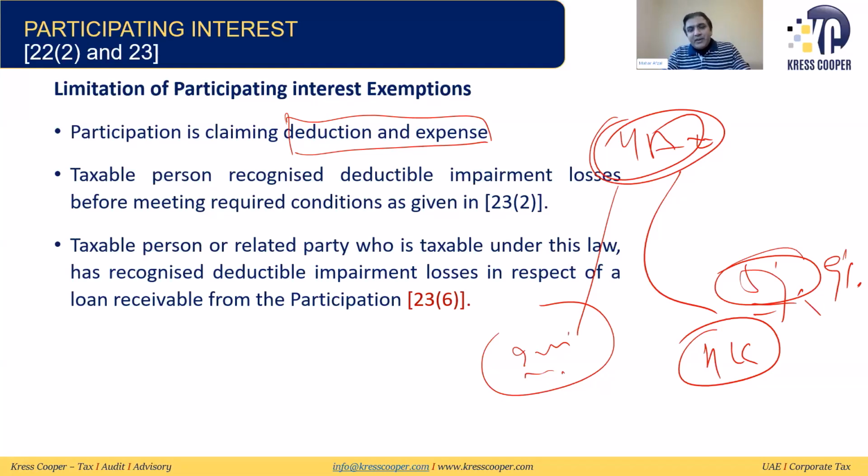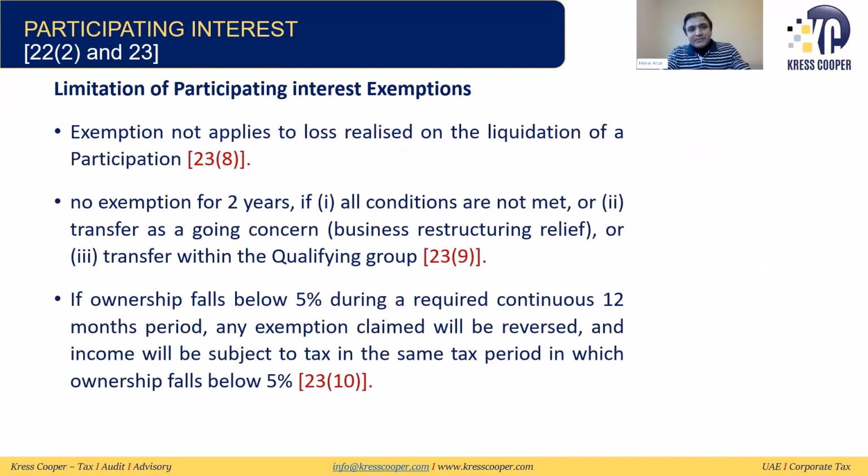If they are deducting the impairment losses, if they are deducting the expenses, if they are considering any related party, they have taken a loan from the related party, any loan receivable from the participation, and on this loan they are recognizing the deductible impairment losses, then all these situations are the limitations, and the person will not be able to claim any exemptions on the participating interest.